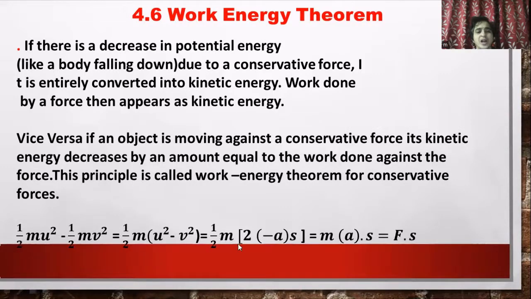Using the formula v square is equal to u square plus 2as, we have got this u square minus v square as minus 2 a into s. a is acceleration. 2 got cancelled, so it is ma into s. It is same as force into displacement. This is the mathematical part. So work done, that is force into displacement, is equal to change in kinetic energy. That is what is work energy theorem for conservative forces.